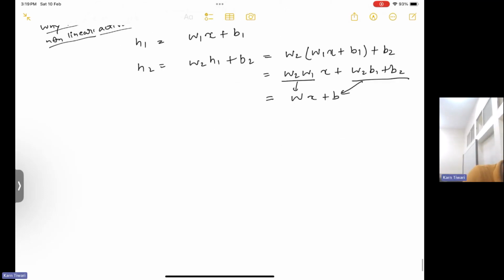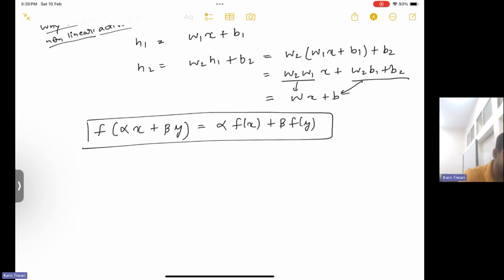The simple thing is that a nonlinear function should not satisfy this property; a linear function satisfies this property. Say a function f, where X and Y are two points inside the domain of this function, and alpha and beta are scalar constants.